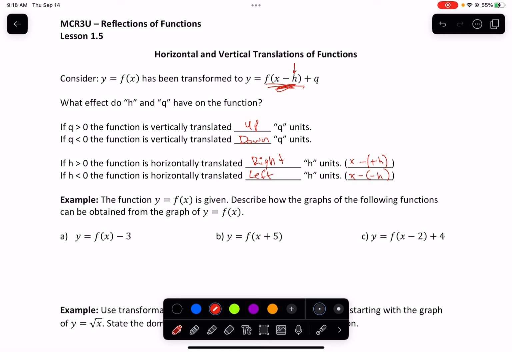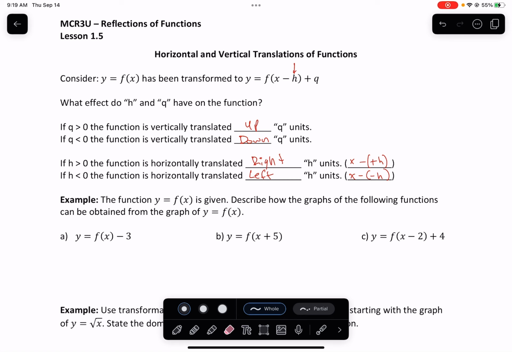It's negative. So in theory, the horizontal translations are what they are, but they appear in the function notation to be opposite. This is kind of the reasoning behind why we're seeing it to be opposite. It's totally because of the actual x minus h piece.